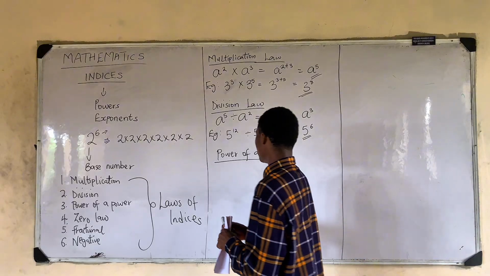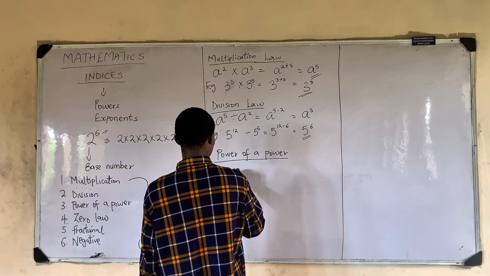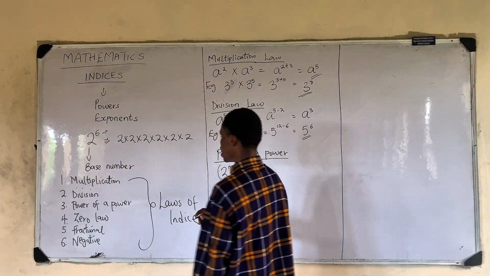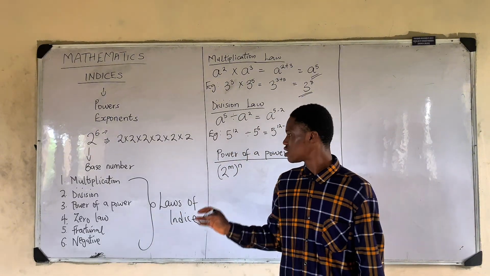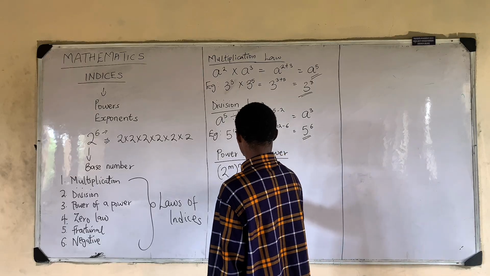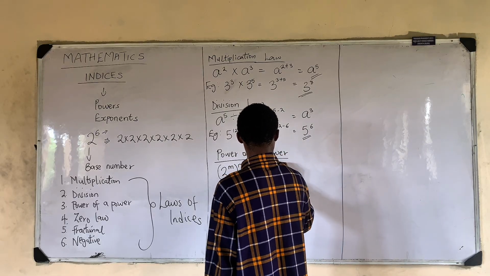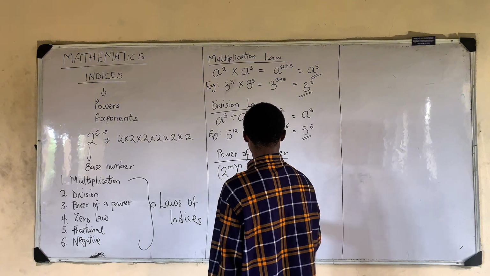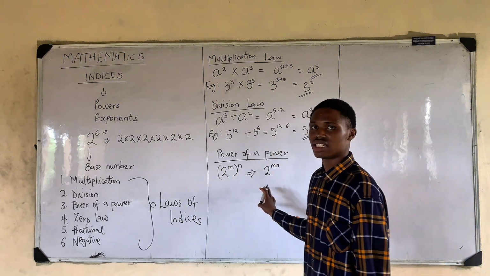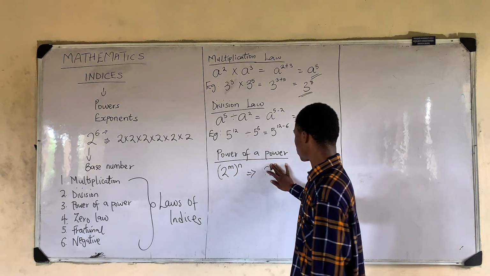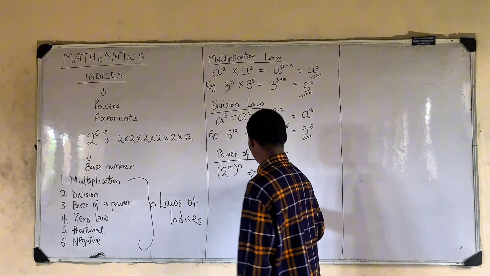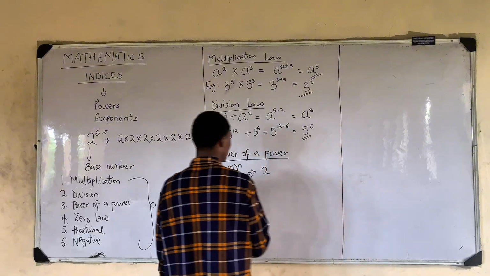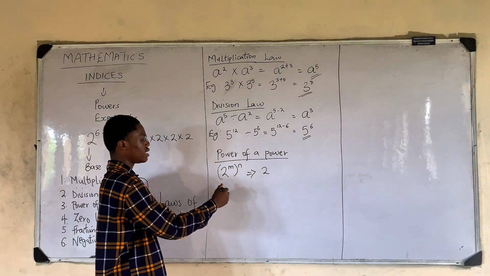For example, if you have 2 to the power of m, in brackets, to the power of n, this implies 2 to the power of mn. This is the answer. So 2, then this m is going to multiply this n.